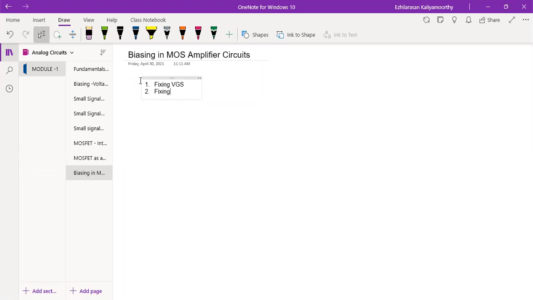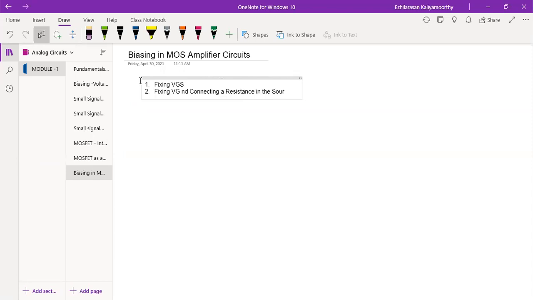The second biasing is fixing VG, that is the gate voltage, and connecting a resistance in the source terminal.